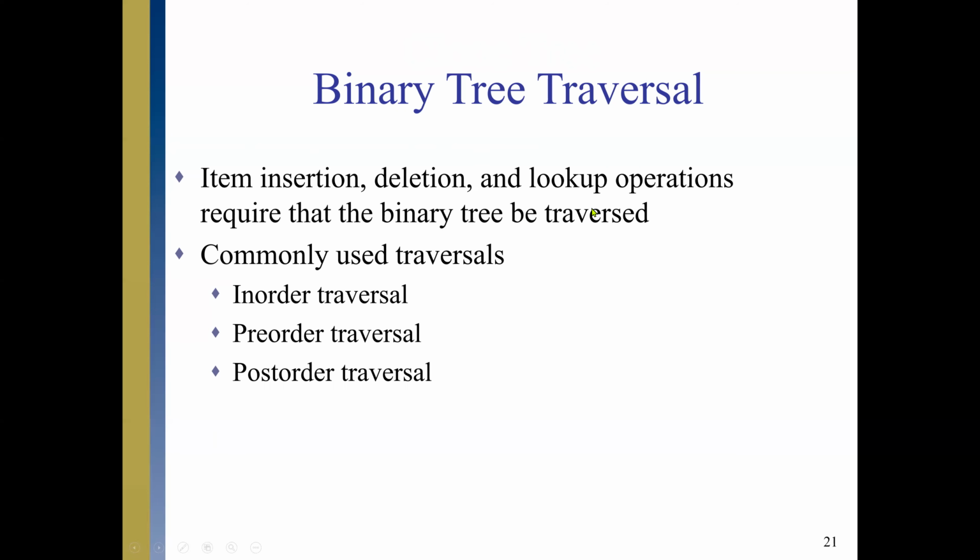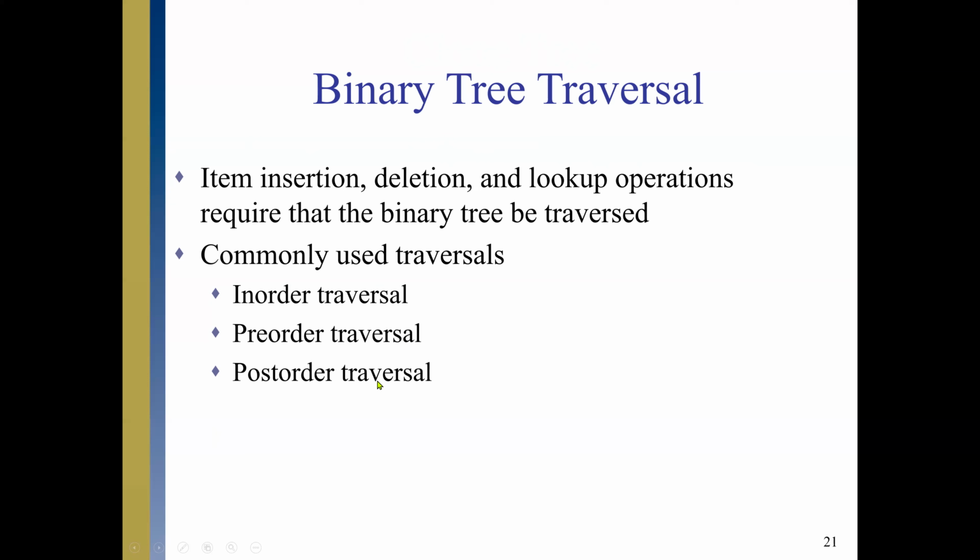So this is required by binary tree traversal. If I want to insert an item, delete, or especially search for an item in the binary tree, I have to go through the items. If the item is last or we don't have it, then we need to go through all the items in the tree.